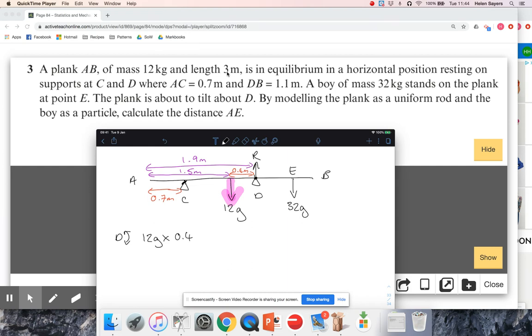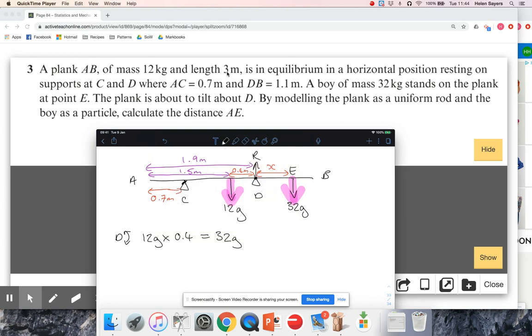That's going to be the only anti-clockwise moment, and that must equal the clockwise moment, which is going to be due to this force here. So that's a force of 32g, and I don't know this distance, so I'm going to call that x.